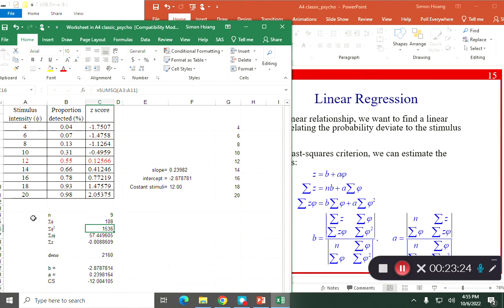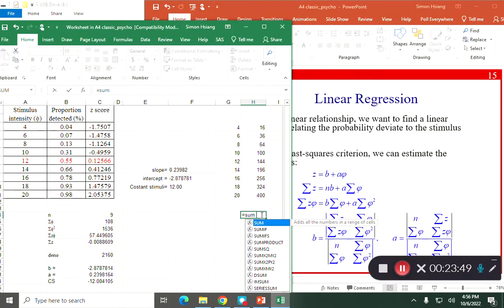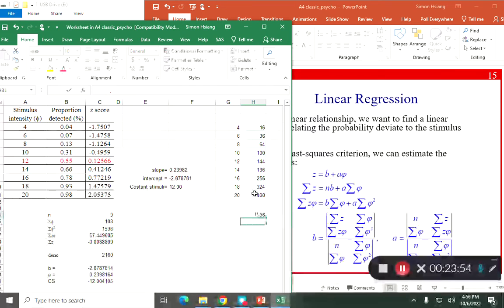Look at the equation. Here's phi square, the physical square. Here, I'll do it differently, this guy times itself, and if I sum it, you got it? Okay.